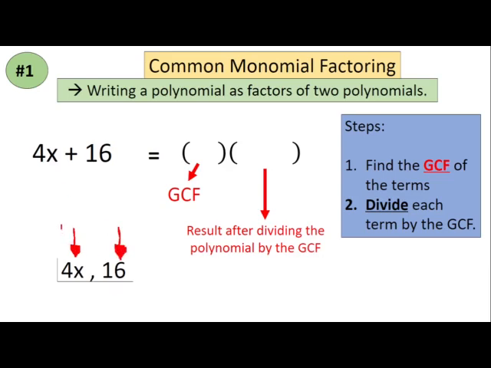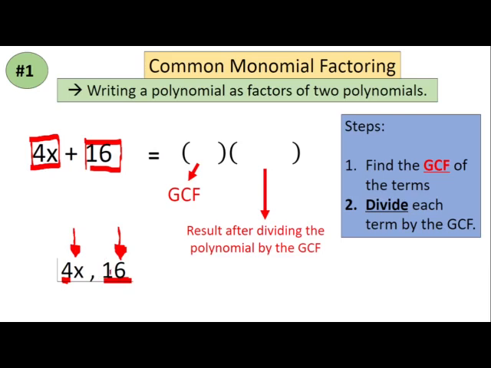Sa pagkuha ng GCF ng mga expression, hindi naman siya ganoon ka naiiba sa mga whole number. Umpisahan natin sa mga number dito, 4 and 16. Do not look at the variables yet kung meron man. Look at 4 and 16. Is there a number that you think you can divide on both of them?